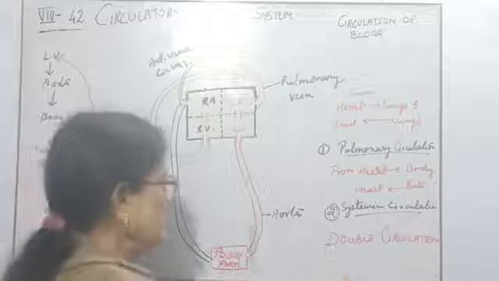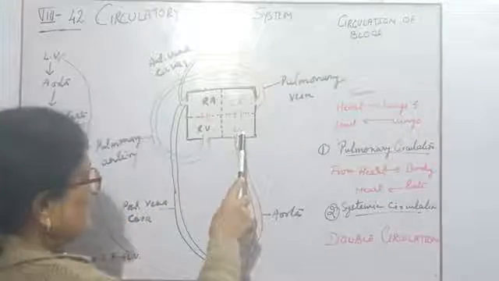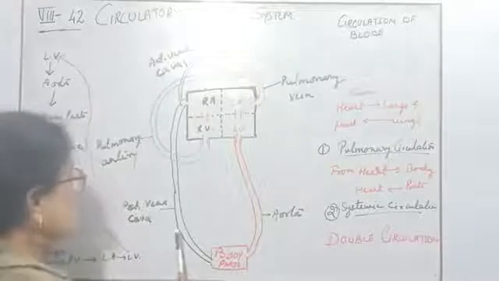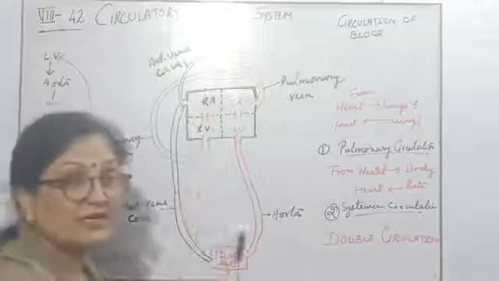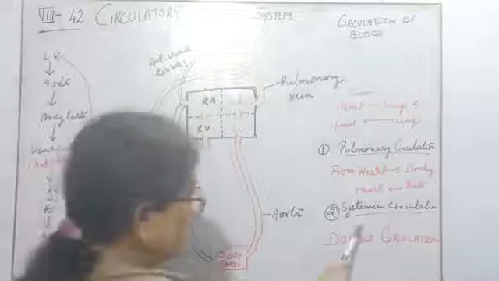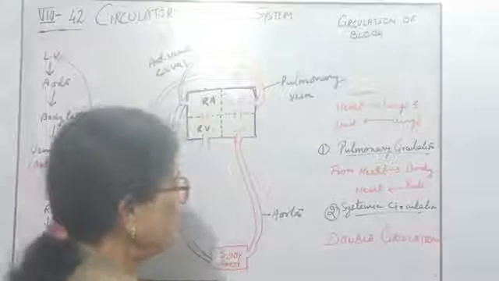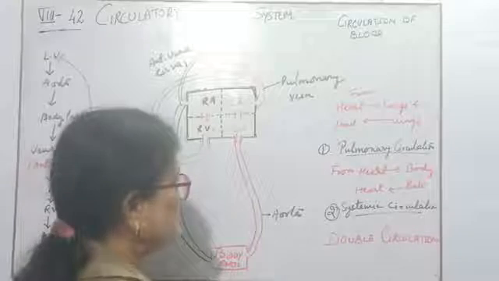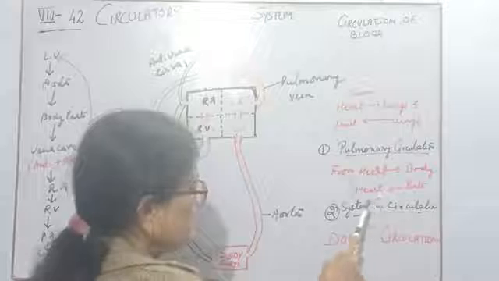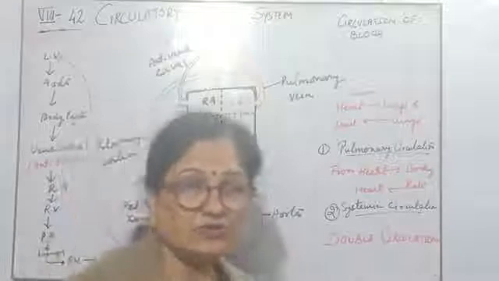And children, next one, see, from the heart it goes to body parts, and from the body parts through the vena cava it will go again to the heart, that is right auricle. So this is named as systemic circulation. From the heart it goes to body parts, and from the body parts again it goes to heart.